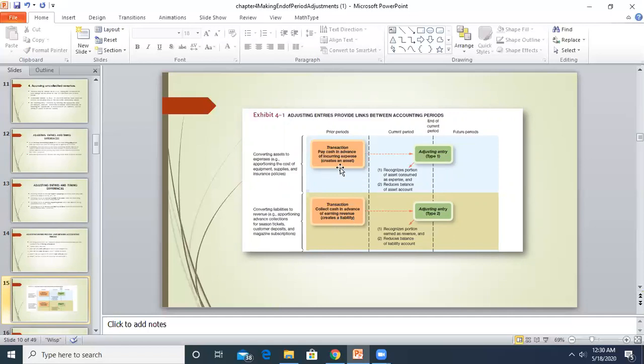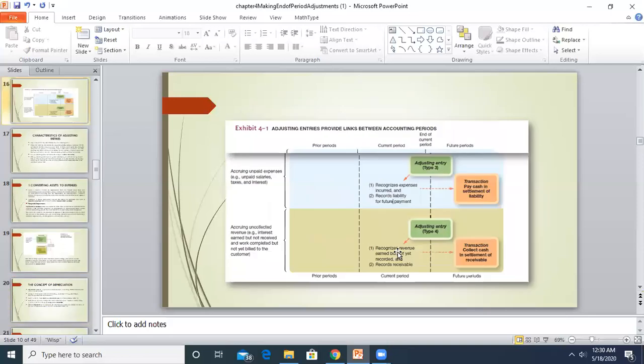That expense creates an asset, and this advance earning creates the liability. So it recognizes the portion of asset consumed as expense and reduces the balance of the asset account. This is the impact of adjusting entry type 1, and this is the impact of adjusting entry type 2, that you recognize the portion earned as revenue and reduce the balance of the liability account.